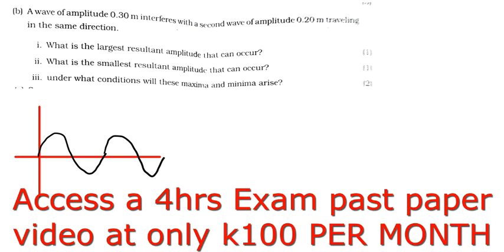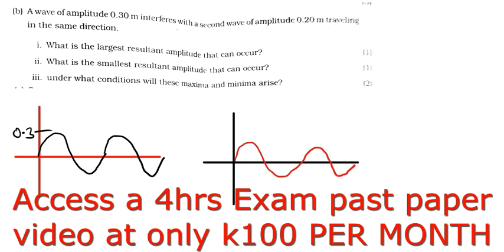The amplitude, we have been told that the amplitude for the first one is 0.3. Now for the second one, it is 0.2. The question is, what is the largest resultant?